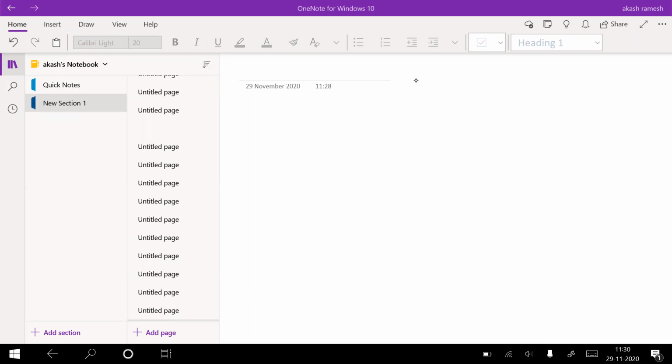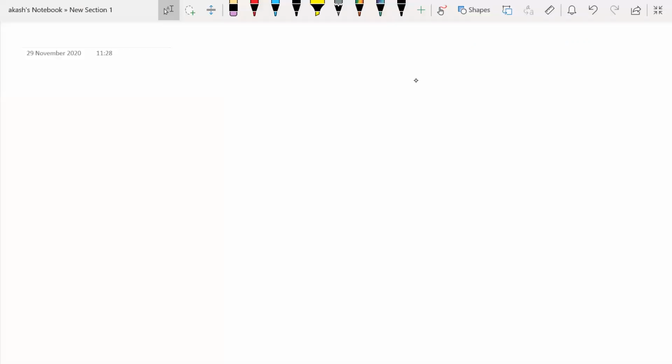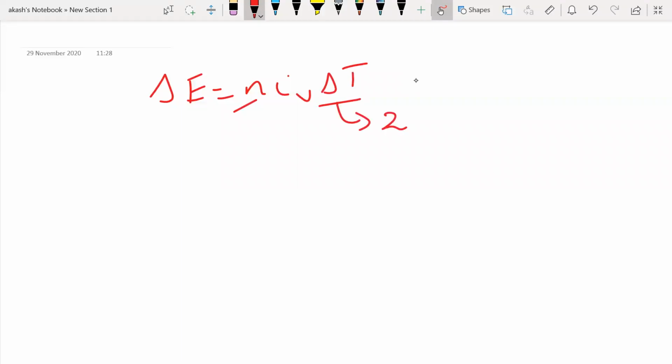Exactly, delta E is equal to nCV delta T. Number of moles is given, 1 mole of helium gas. Change in temperature is given, that is 2. I just have to know what is the CV value.